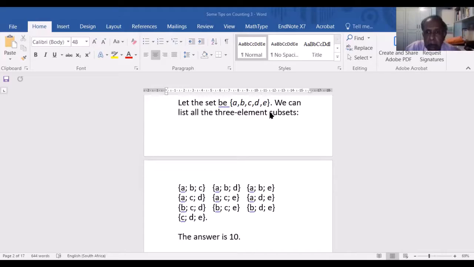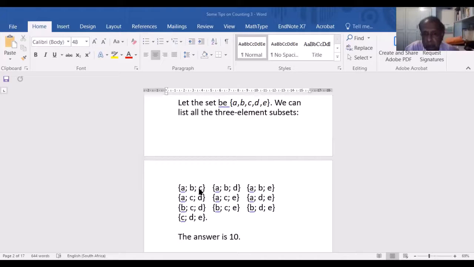And every time, if you choose 2 elements, that means the remaining parts will be your 3 element subset. So the point I'm trying to make here is, it's a subtle point. The point is that the number of 3 element subsets is equal to the number of 2 element subsets. Right? Because each one can be matched with that 2 element subset which has been left out.